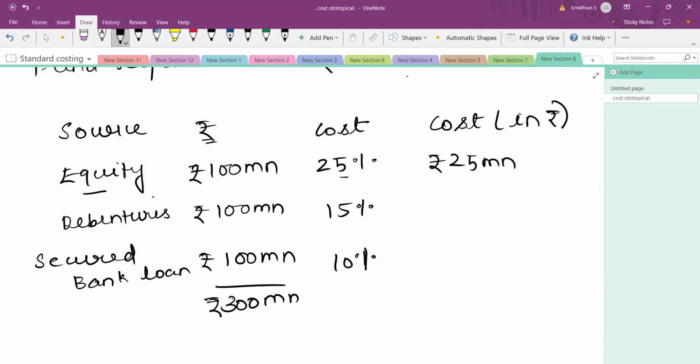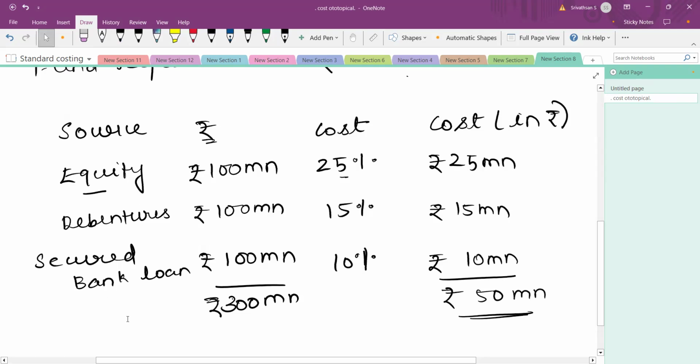Debenture holders invested 100 million, upon which they are expecting 15% return, so it is rupees 15 million. And the bank gave us a 100 million loan, upon which they are expecting 10% return, so it is 10 million. Now, when we add 25 plus 15 plus 10, we get rupees 50 million, right?